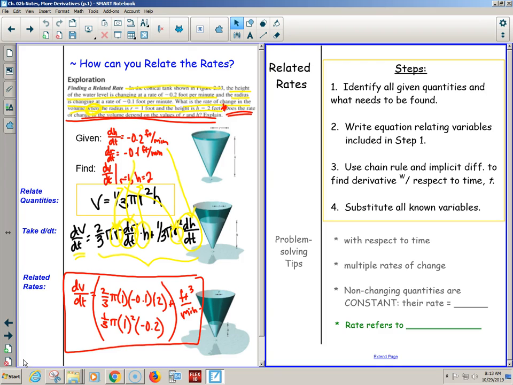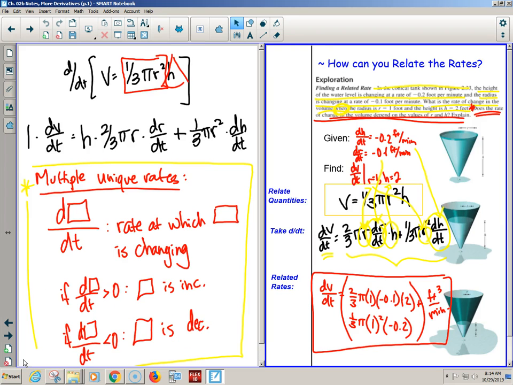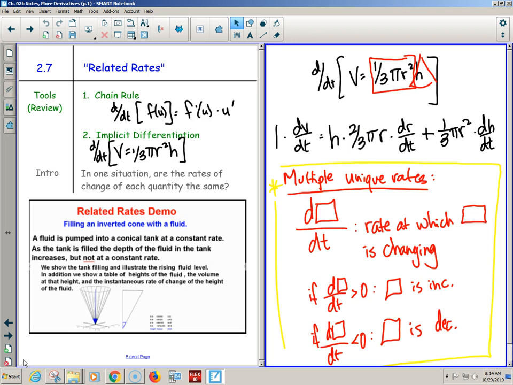Related rates. Yesterday, what was the illustration I had up on the board for us to look at, illustrating the fact that in one situation, one simple thing, like what was happening to this conical tank?